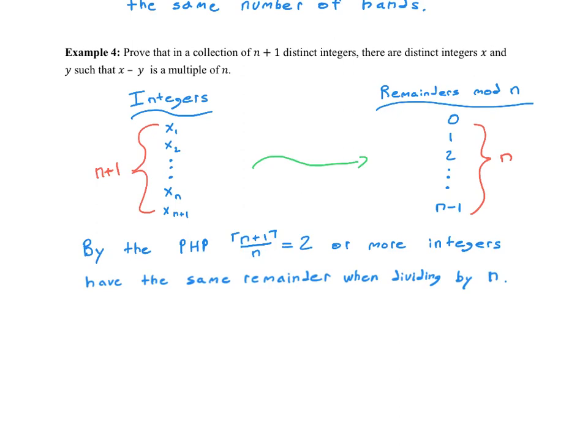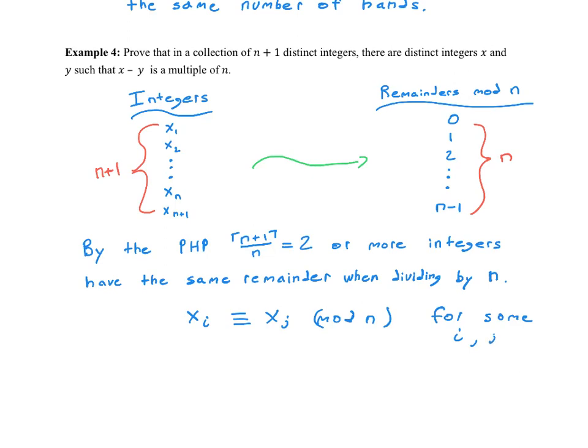So now we can conclude that there's an xi that's congruent to an xj in mod n. And to clarify, this is just for some i, j. Don't know which ones, it doesn't matter though. It just exists that there's an i and a j.